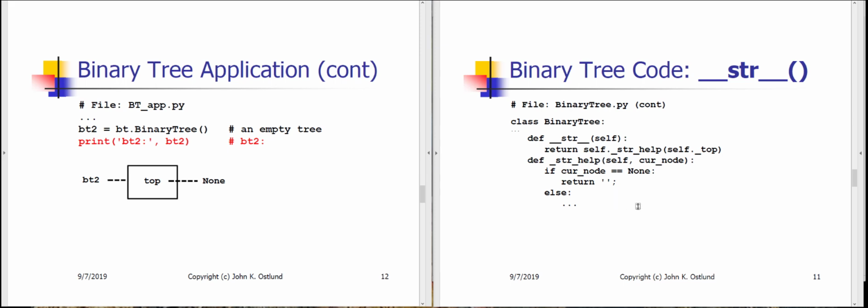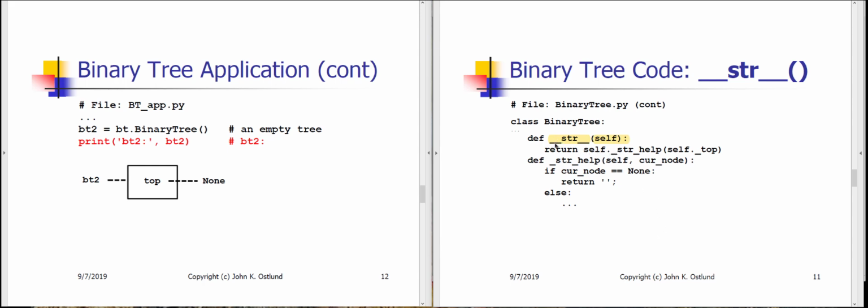All right, so in order to convert a binary tree's contents into a string, we will need to define our __str__ method, shown here on slide 11. Self is a reference to the binary tree object as a whole. The values stored within the binary tree are stored recursively in these BT node objects.